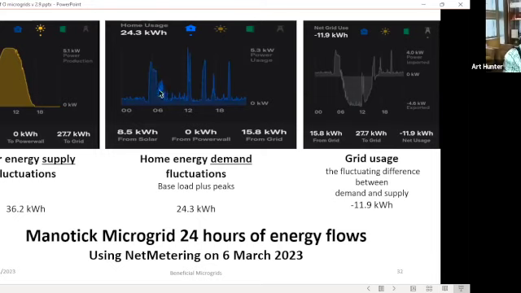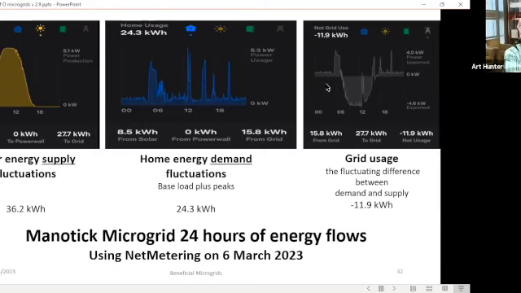And you can see a little bit of the activity that's going on around breakfast time. These are hot water heating events that are peaking up as well. Now, to bridge the gap between these two, I'm using the grid. I did not use the batteries.